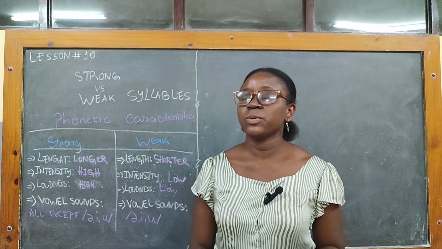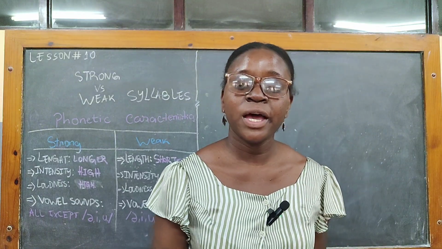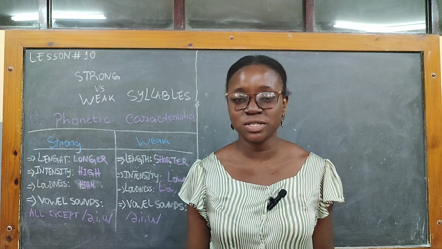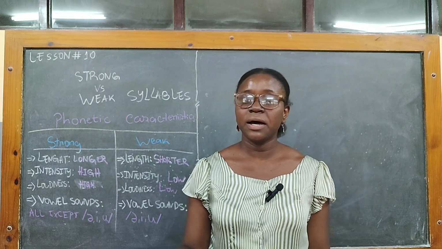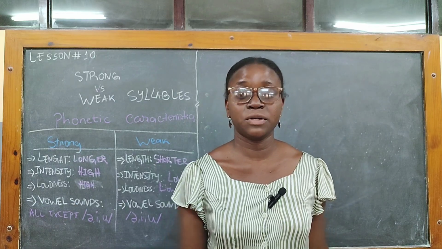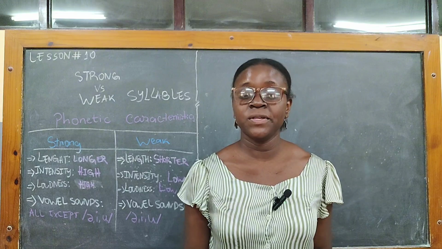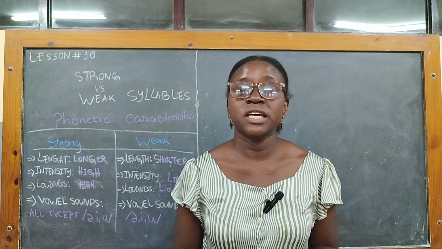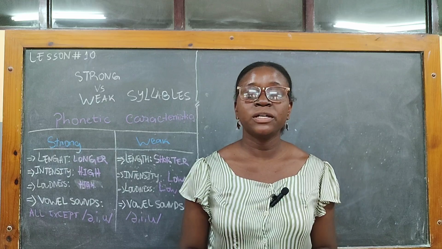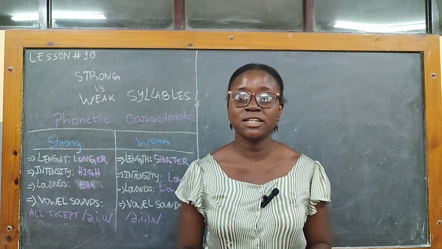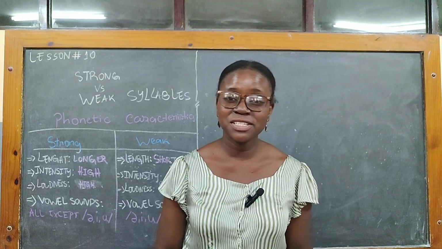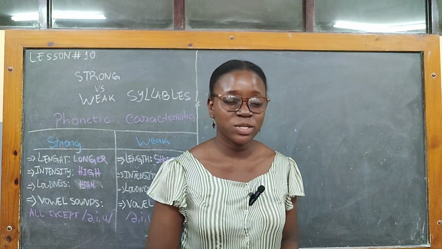When we look at a syllable and we want to tell whether it's a weak syllable or a strong syllable, we can look either at their phonetic characteristics or even in terms of stress. Since stress is a chapter yet to see, we'll be looking only at the phonetic characteristics. So let's now start looking at the main differences between strong and weak syllables.